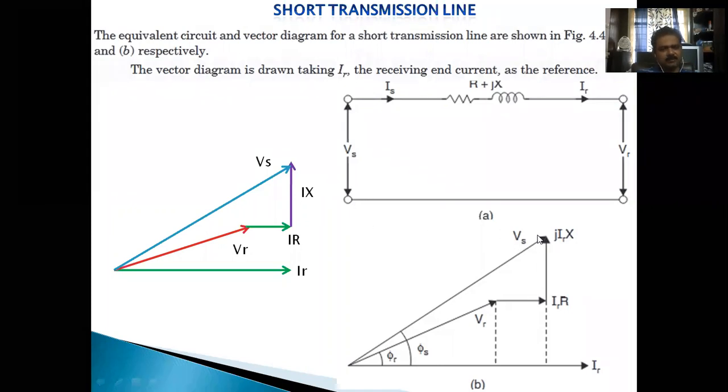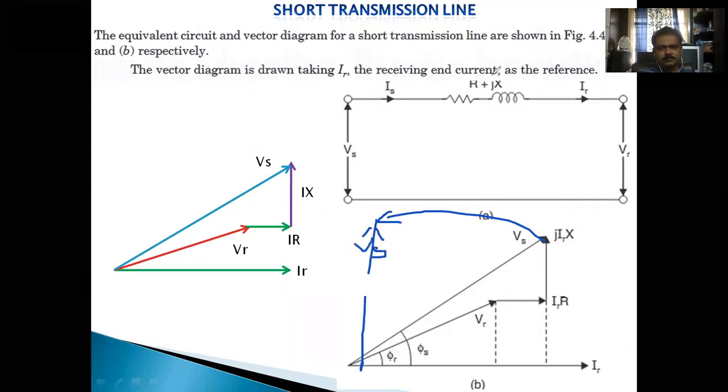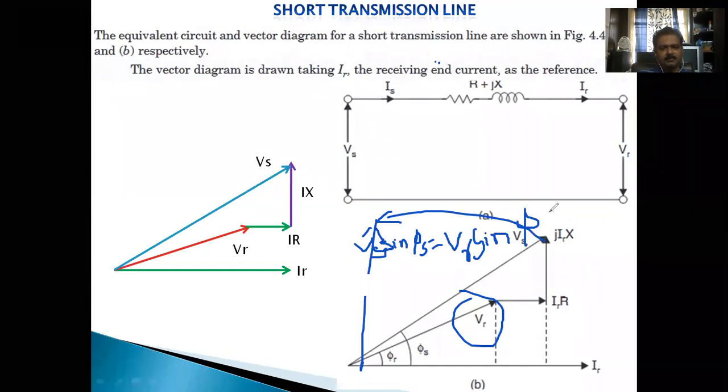Vs sin phi s is equal to, now again the same procedure, resolve Vr onto the y-axis, Vr sin phi r plus, now if we resolve onto this, this term becomes 0.